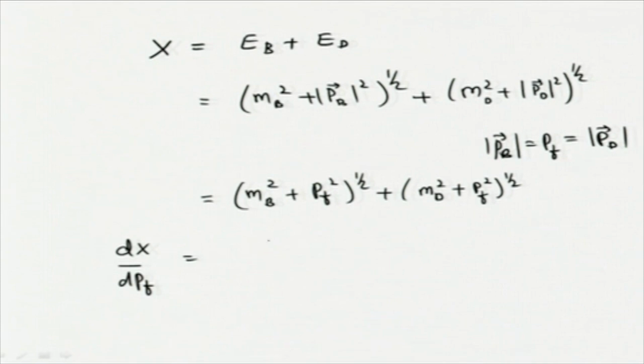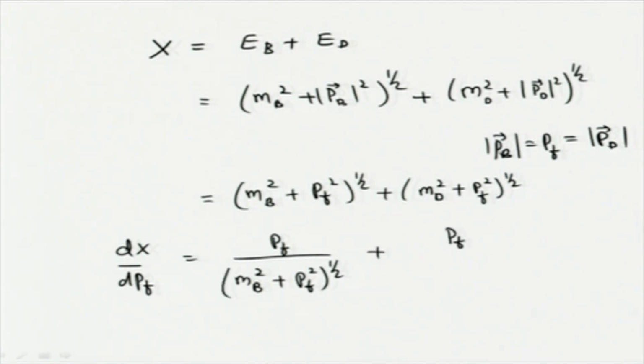That will give you p_f over (m_b squared plus p_f squared)^(1/2) plus p_f over (m_d squared plus p_f squared)^(1/2). p_f is common.